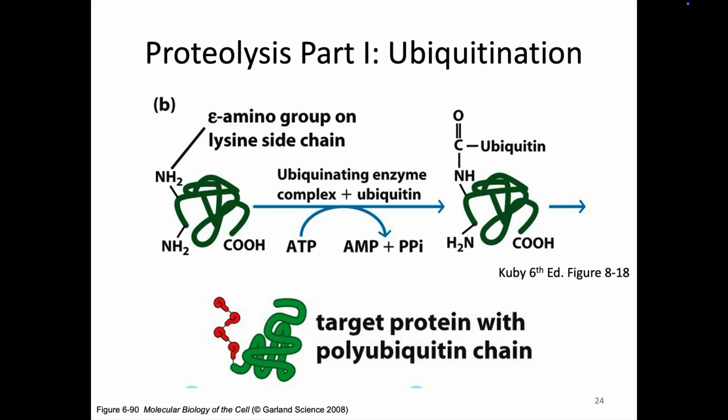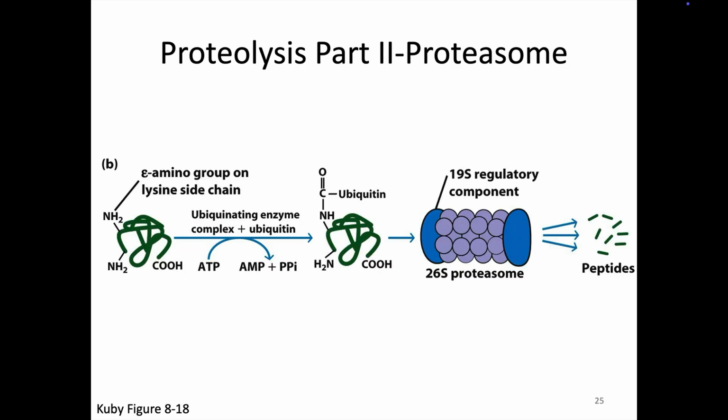And so when we have added 4 ubiquitins to some protein, that is a signal to the cell, that is a marker that the cell should destroy that protein. And we're going to use one of our 2 cellular trash cans, because we got 2 cell trash cans that allow us to degrade stuff.